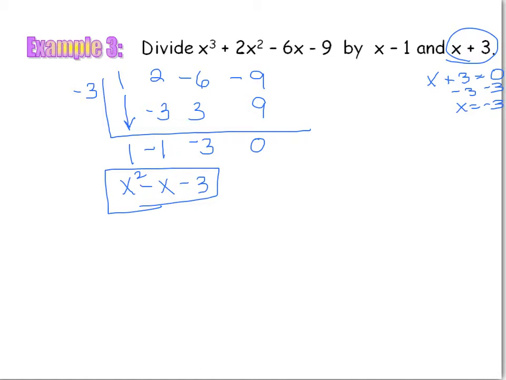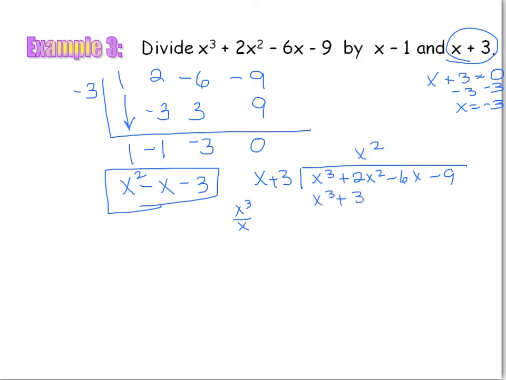If you wanted to, it's the same thing you would get if we did polynomial long division. And I'll just do it to the side. You don't need to write this down. But I just want to show you that it's exactly the same thing. It's just a lot less work. So I go to the side and I do x cubed divided by x. Get x squared. Multiply. Subtract. Bring down the next term. Negative x squared divided by x would be negative x.